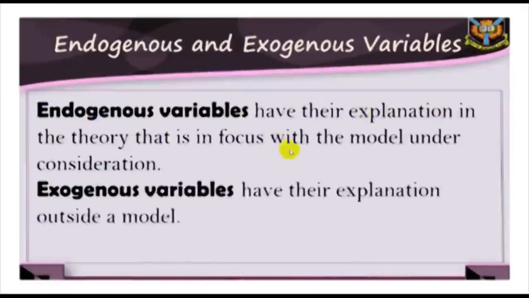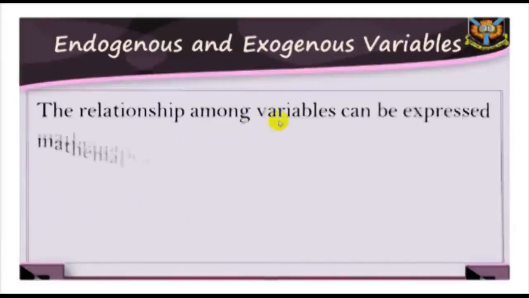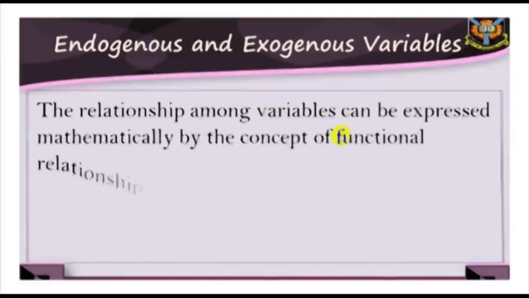It can be known within the model under consideration. Exogenous variables have their explanation outside a model. The relationship among variables, whether exogenous or endogenous variables, can be expressed mathematically by the concept of functional relationship.